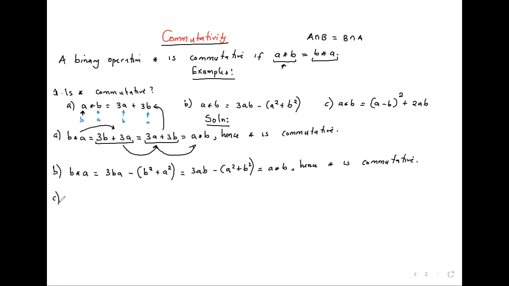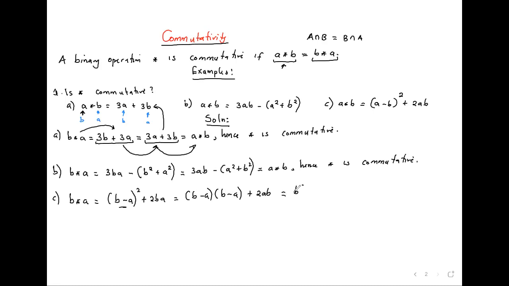See, you have a star b already given. All you want is b star a. Now, b star a is going to be (b minus a) squared plus 2ba. You can expand this to see properly: (b minus a) multiplied by (b minus a) plus 2ab.